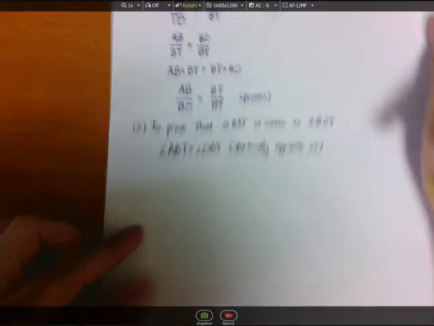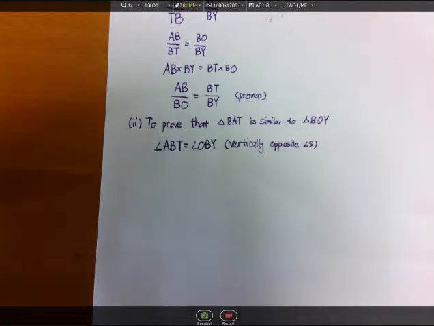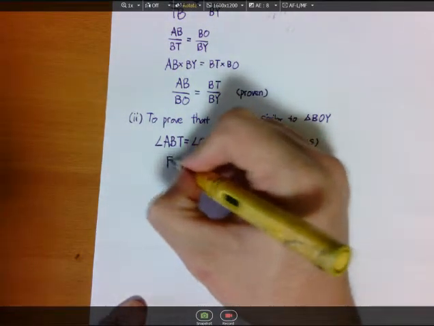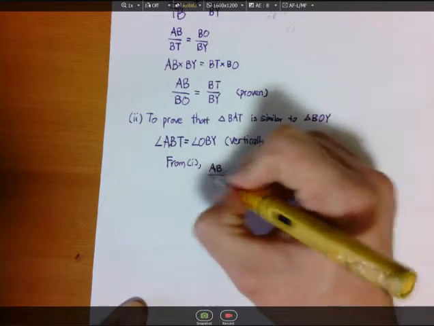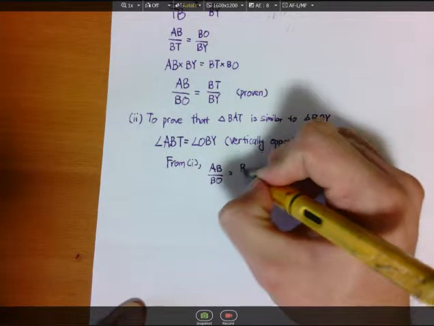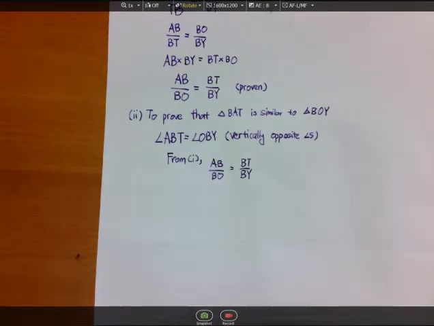Usually when we prove similar triangles, most of the time it's angle, but in this case, it is not, so not to worry. We can use the relationship that is given above. So from part 1, I know that AB over BO is equals to BT over BY. How does this actually help us?